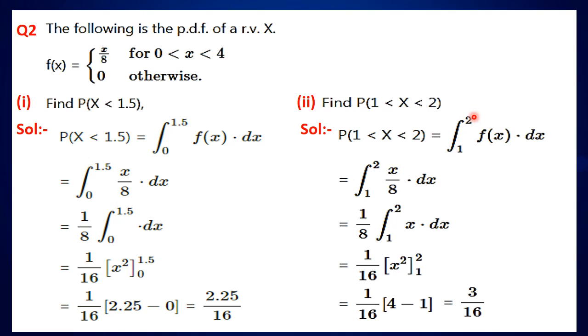The integral from 1 to 2 of x upon 8 dx is 1 by 8 into x square by 2, that is 1 by 16 into (4 − 1). 2 square is 4 minus 1 square is 1, which is equal to 3 upon 16.